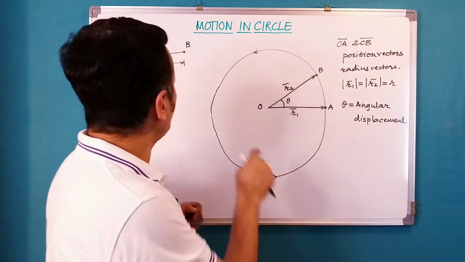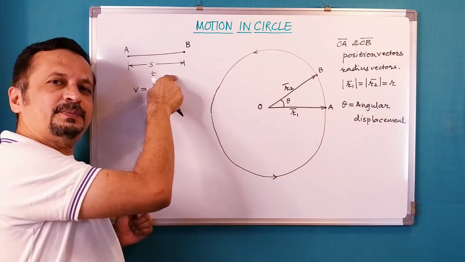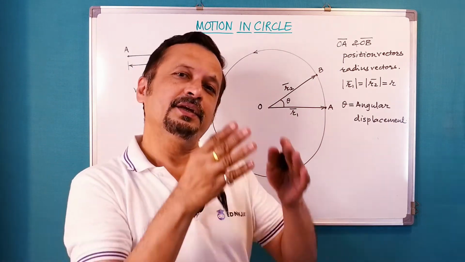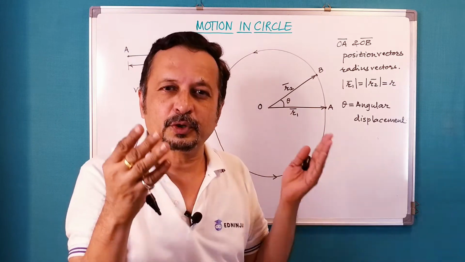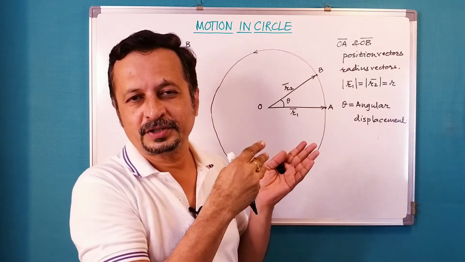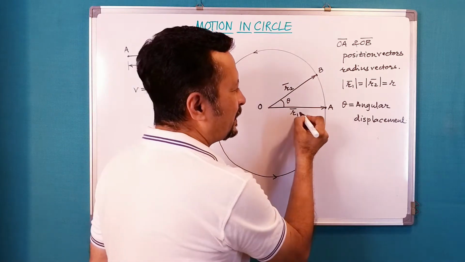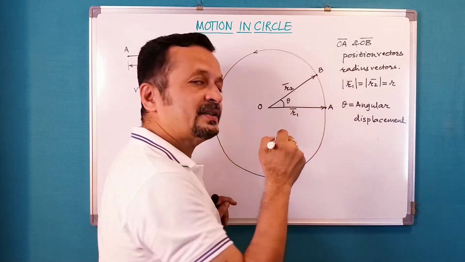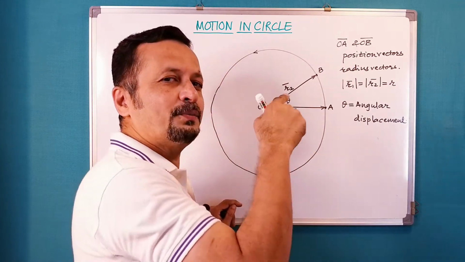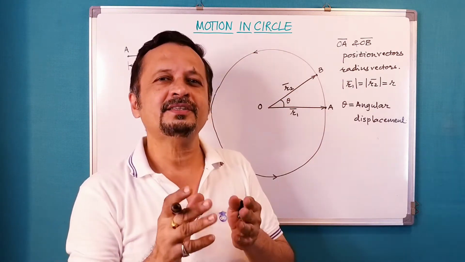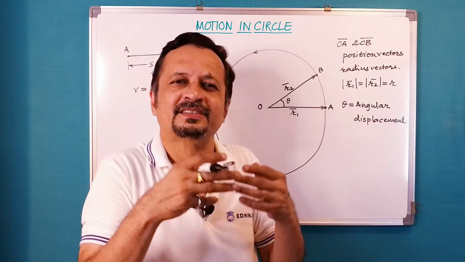Now over here my displacement was S and it happened in time t, and linear displacement upon time we call linear velocity or linear speed, correct? Likewise, if the position vector changes from OA bar to OB bar, that angle theta is described, let us suppose, in time t.